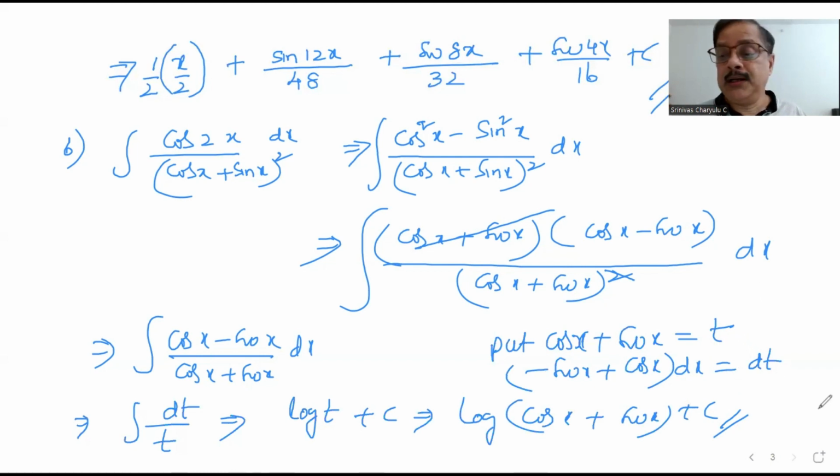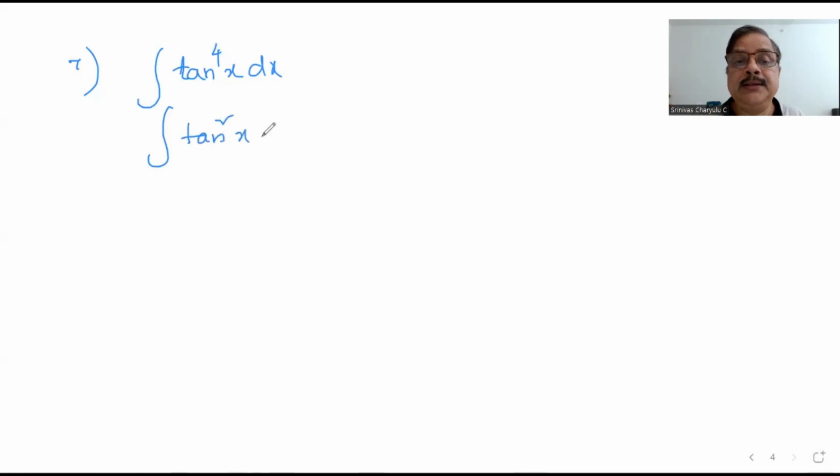So last sum, can we try out only one sum? What is the next sum? Integral tan to the power of 4 x dx. Okay. You write it like this, tan square x into tan square x.